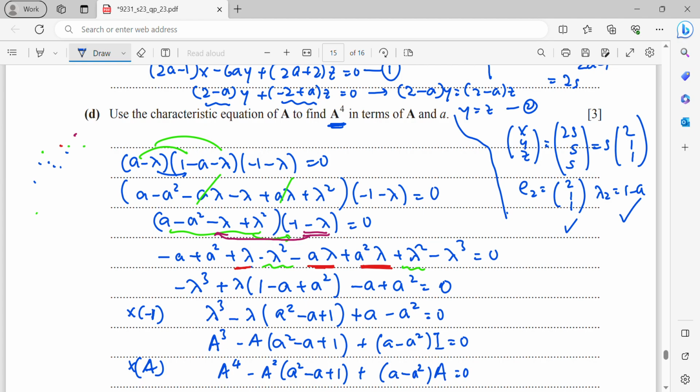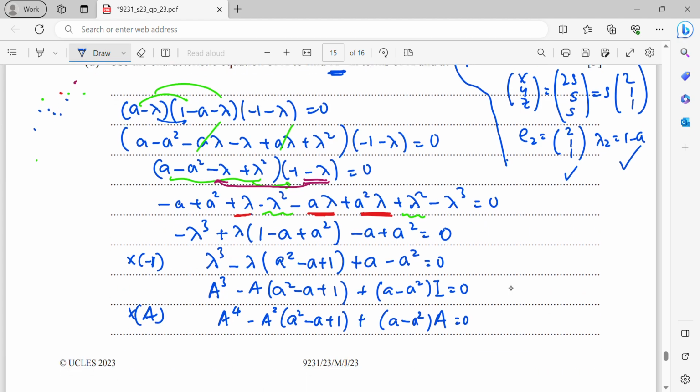Alright, then in order to get A degree 4, just move the last two terms to the right side. Then you'll be getting the answer. So therefore, A degree 4 is A squared minus A plus 1, this is a constant, times A squared plus A minus A squared times capital A. Okay, so that is the solution for this question.